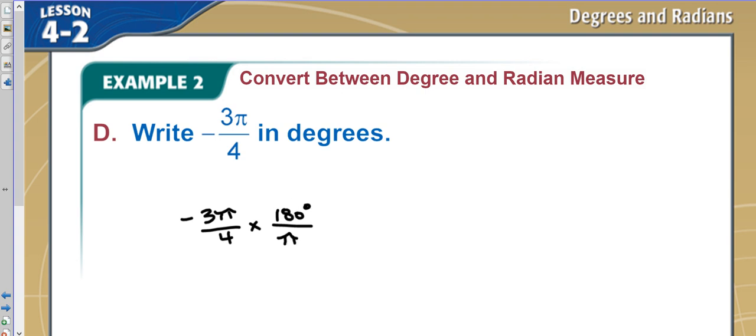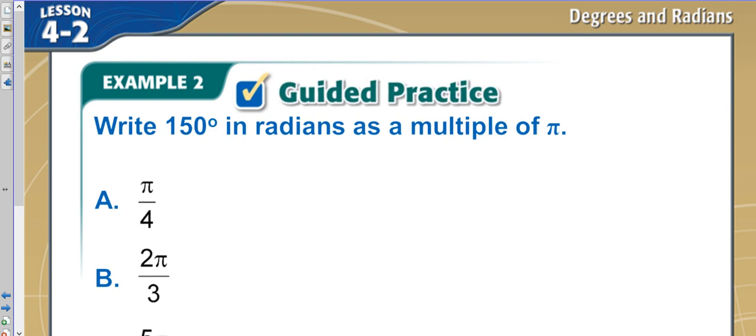Now that I have it written this way, my pi's cancel, and I can reduce. 4 goes into 180 45 times. So this is negative 3 times 45, which is negative 135 degrees. And that is my answer. Now you try writing 150 degrees in radians.